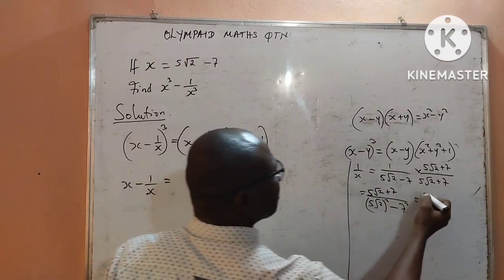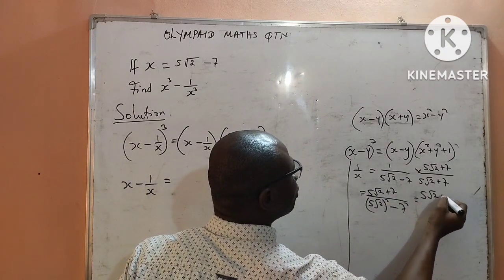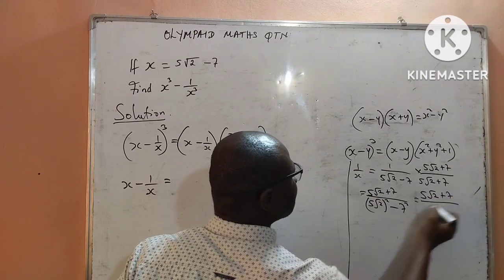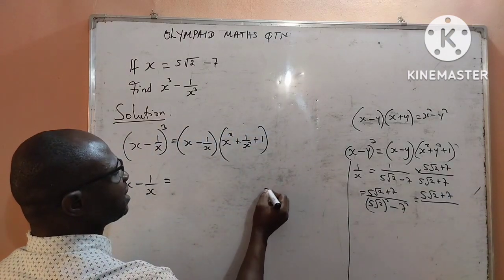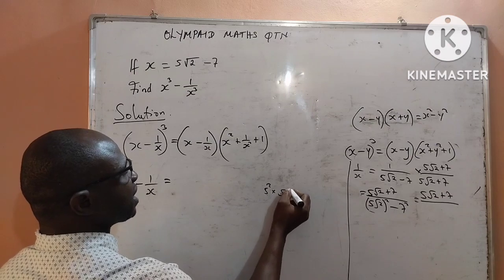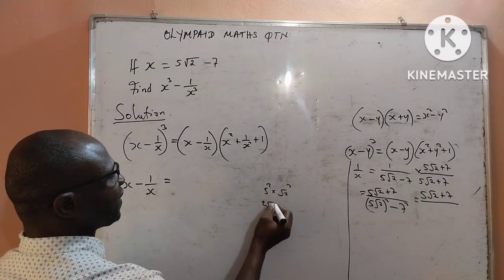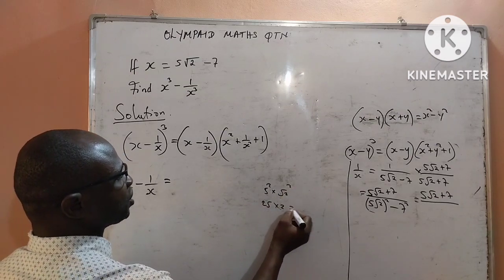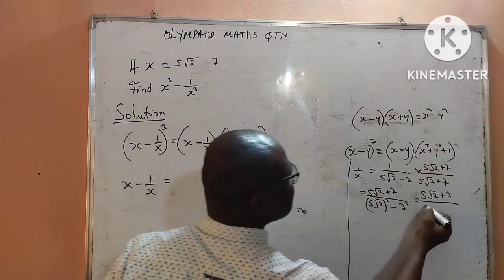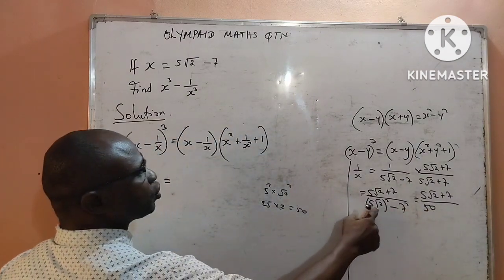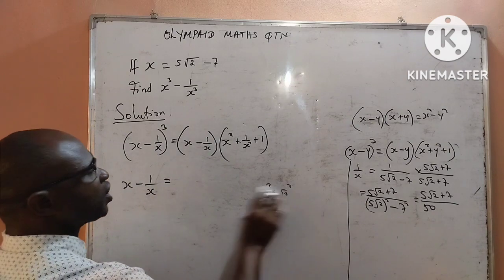You will agree with me that I shall have 5 root 2 plus 7 everything divided by: 5 squared multiplied by root 2 squared gives 25 multiplied by 2, which is 50. So 5 root 2 squared gives us 50.